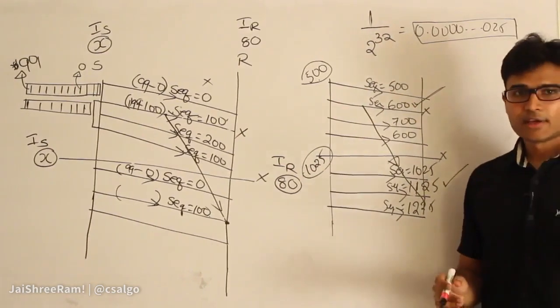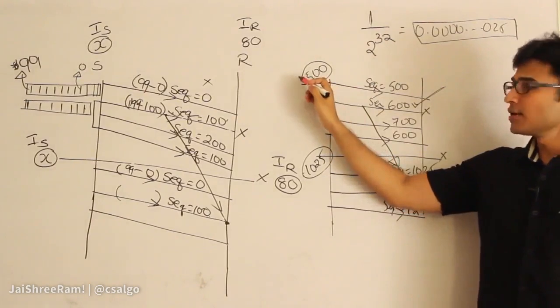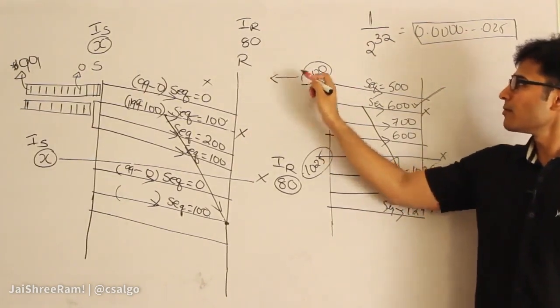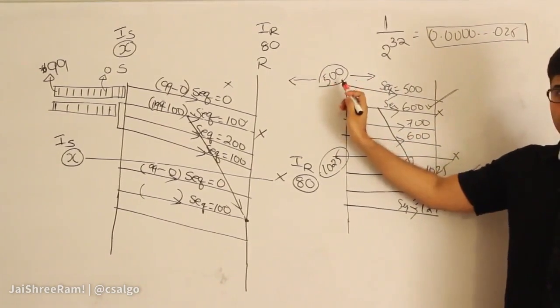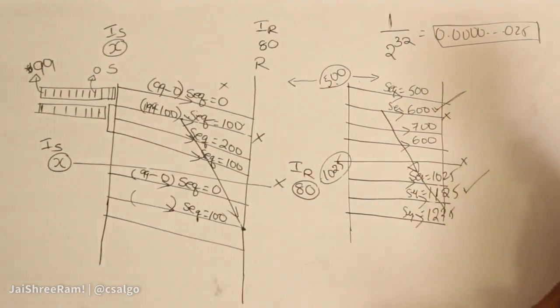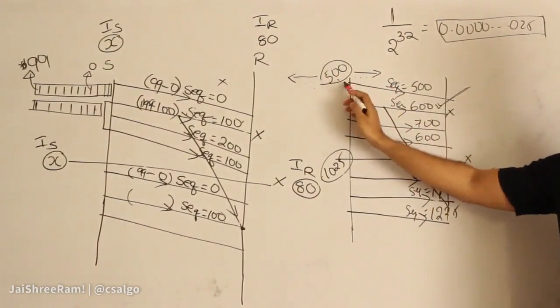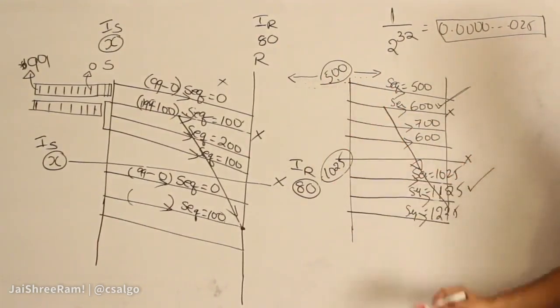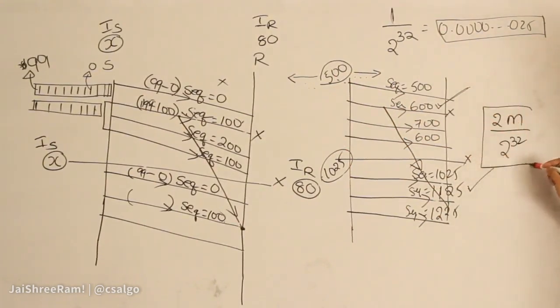I am just saying that if you choose one number now, what is the probability that you are going to get a number within plus or minus 1 million of the 500 next time? So the probability is 2 million numbers out of 2 power 32, so 2 million divided by 2 power 32, which is also not very high.